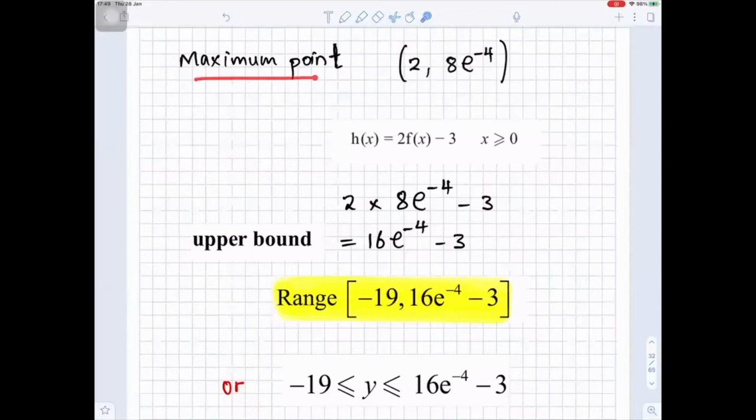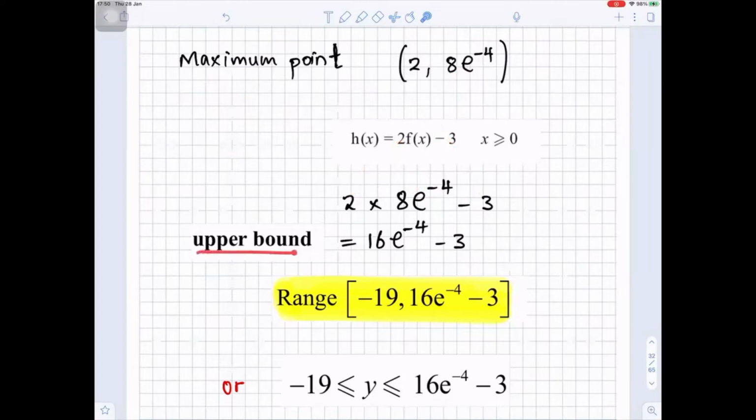From before, the maximum point was 8e to the -4. So h of x is 2f of x minus 3. So 2 times that maximum point minus 3. That will give us 16e to the -4 minus 3. So 2 times the maximum point minus 3.